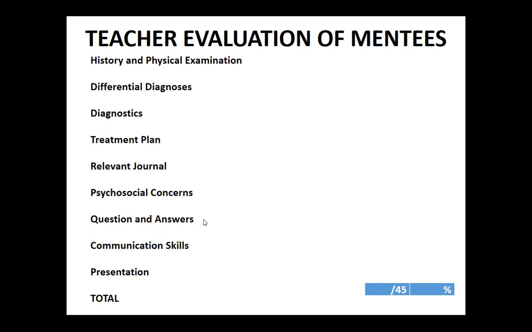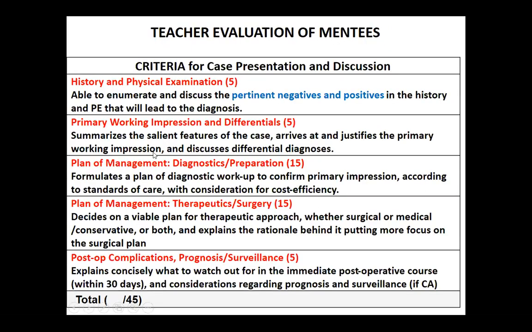This means that will be a participation in the discussion, communication skills, and presentations. So in the history and physical examination, you should be able to enumerate and discuss the pertinent negatives and positives. Okay. As I said, relevant. Okay. In the history and PE, that will lead to a diagnosis.